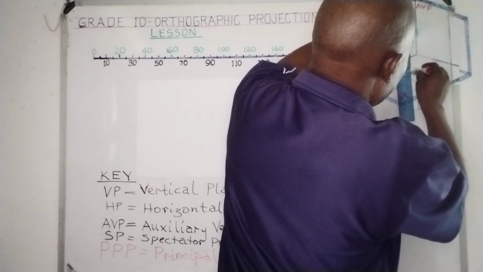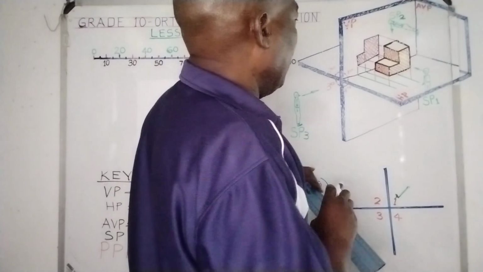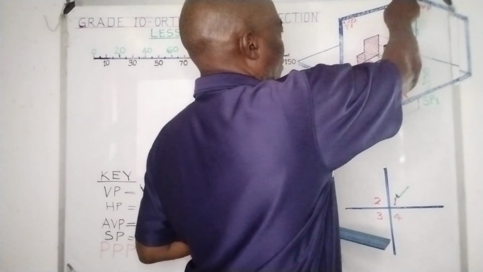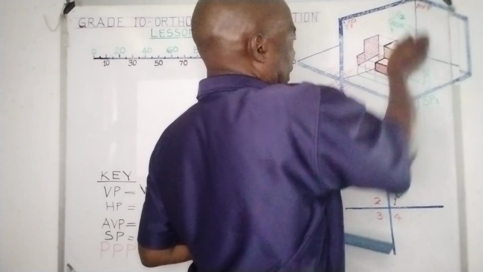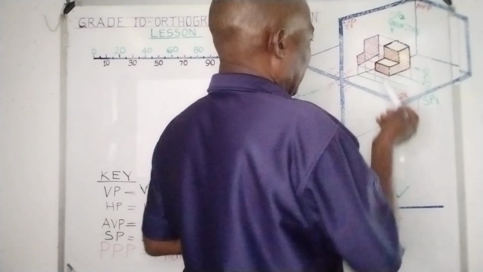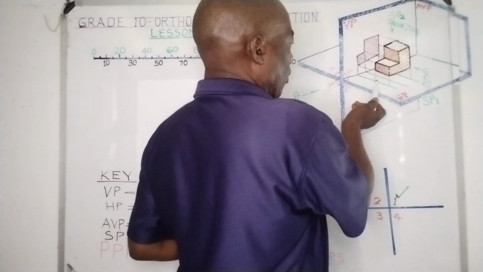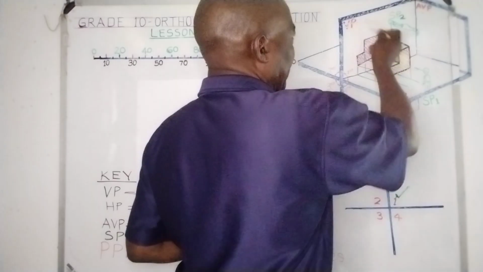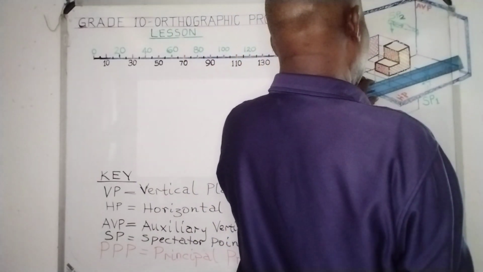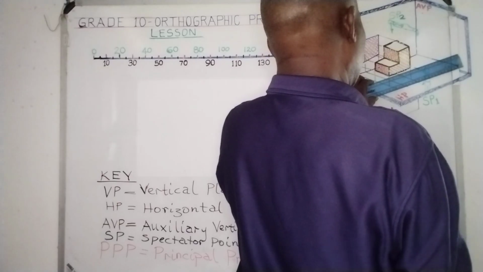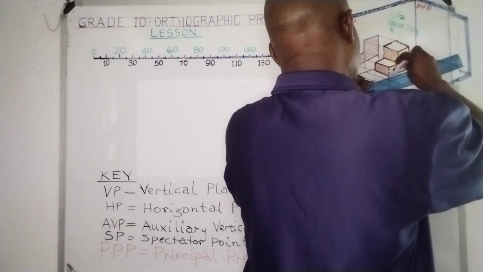So you just draw another line going that side. Like that, and then let's complete this first before we go to the other view. So we're on position 2. You are looking down. So the shape that you are going to see, which combines those two rectangles, will be this.